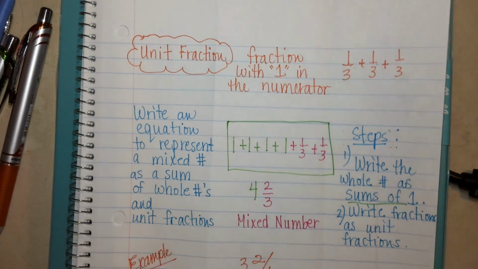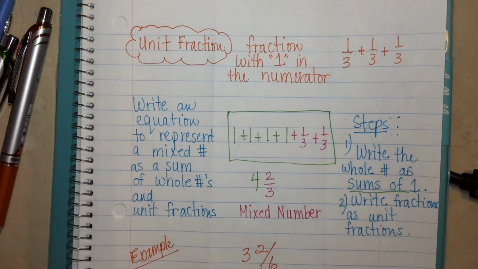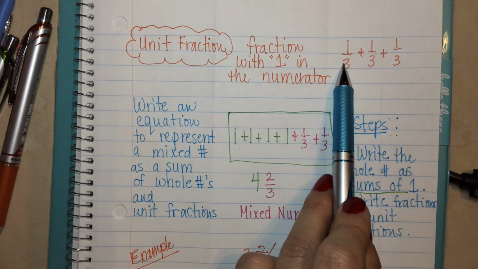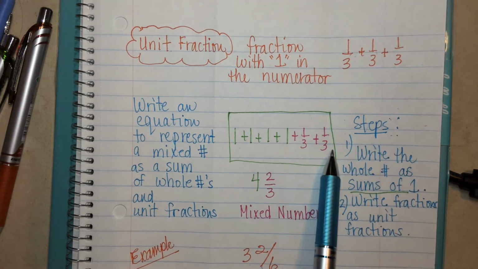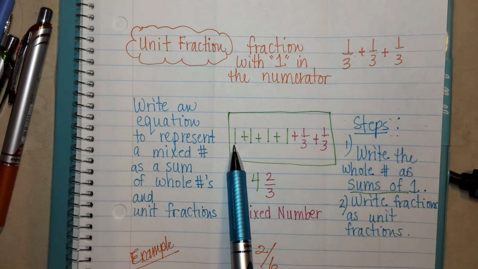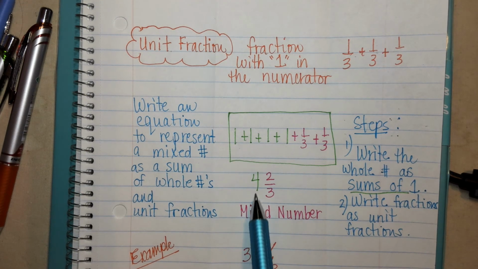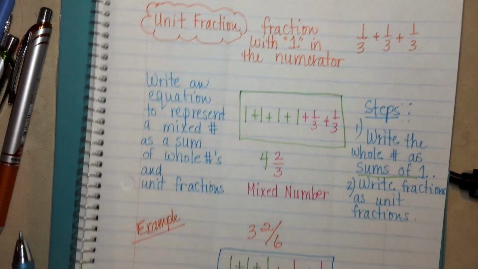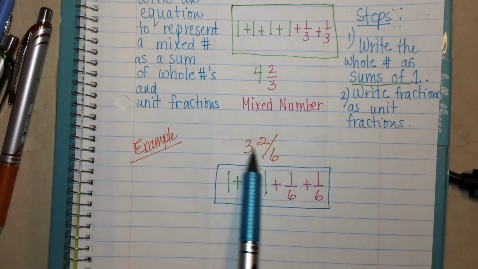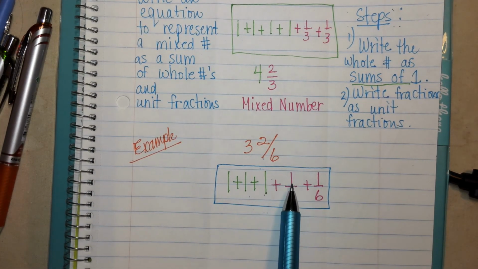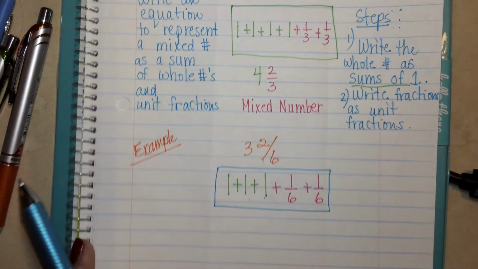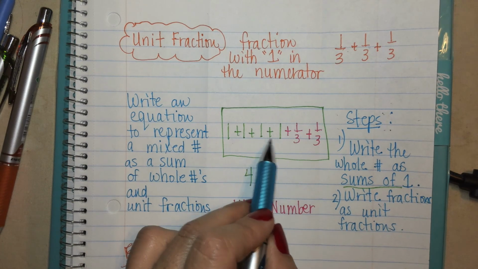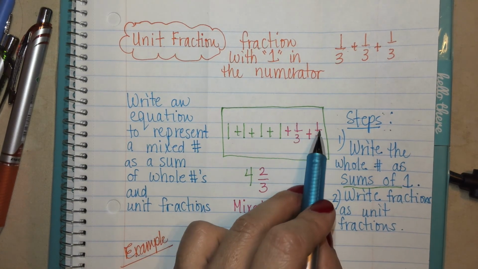But there are 2 ways that you can add this. Sometimes you're going to have to break it up into unit fractions for the fractional part. And even when you have a whole number, you're going to be adding sums of 1. And there it is. 3 2/6 is 3, and 1/6 plus 1/6. 4 2/3 is 4, and 1/3 plus 1/3.